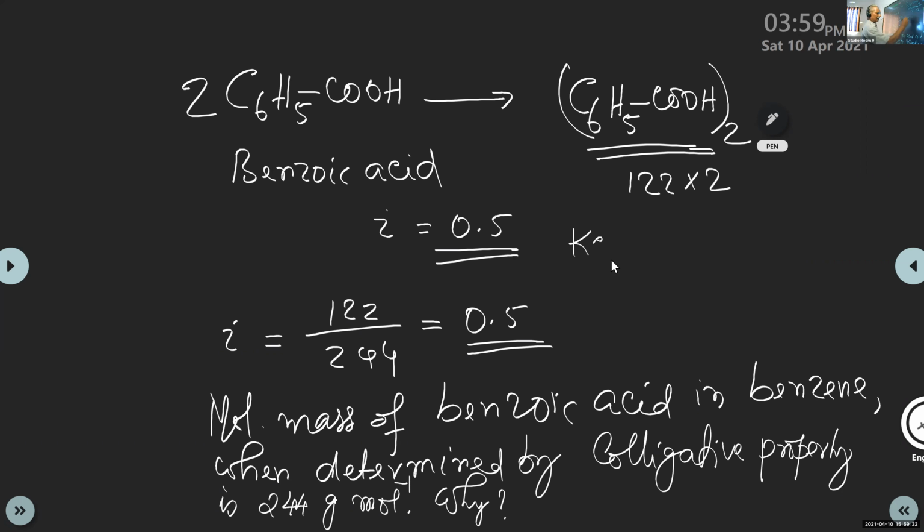Molecular mass determined by colligative property measurement, for example the cryoscopic method, is found to be only 37.25. What is the reason? Vidu, can you try?